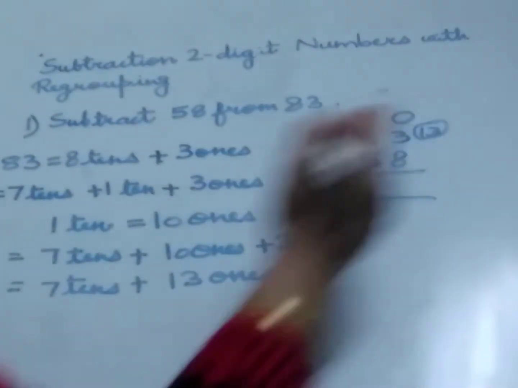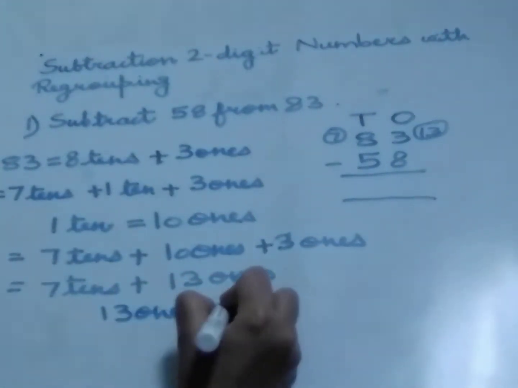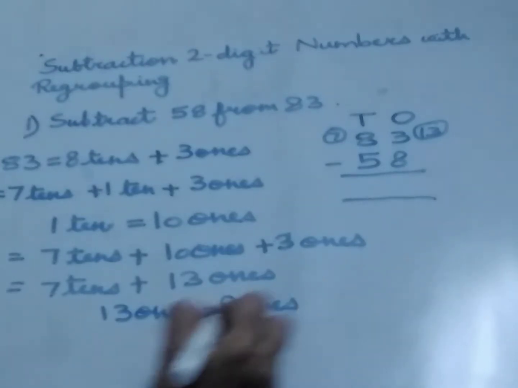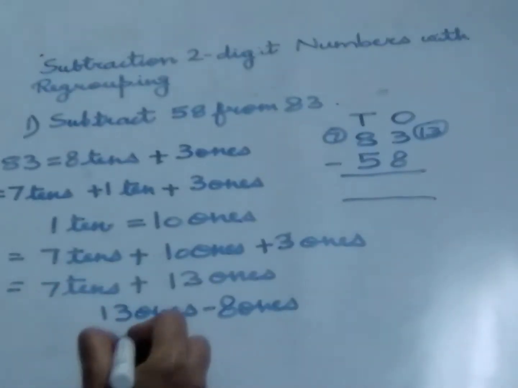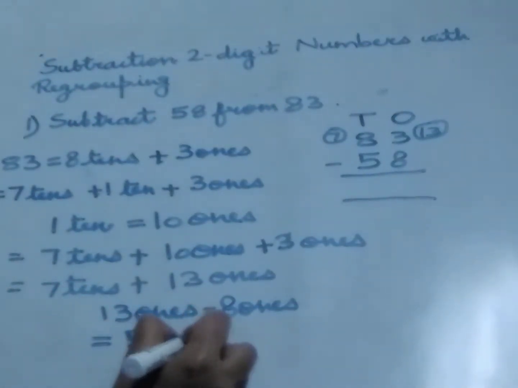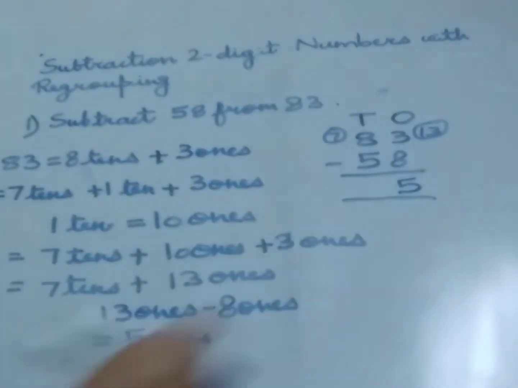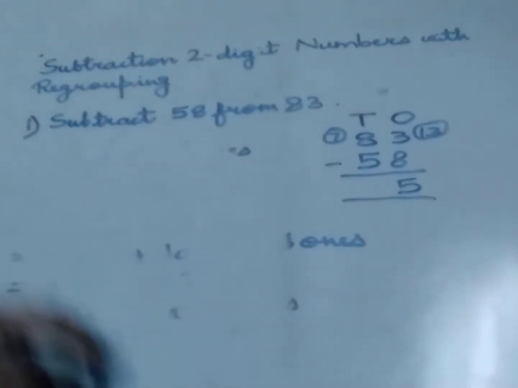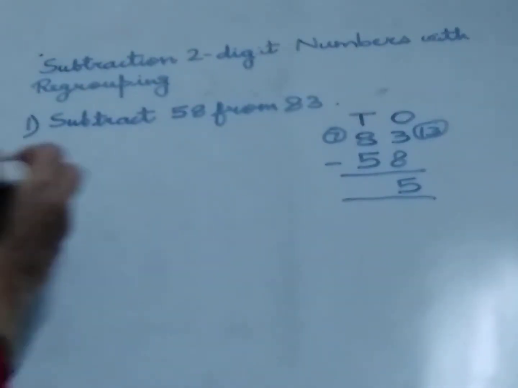Now subtract ones first. 13 ones minus 8 ones gives you 5 ones. Write 5 as the difference in the ones column. Now subtract the tens next.